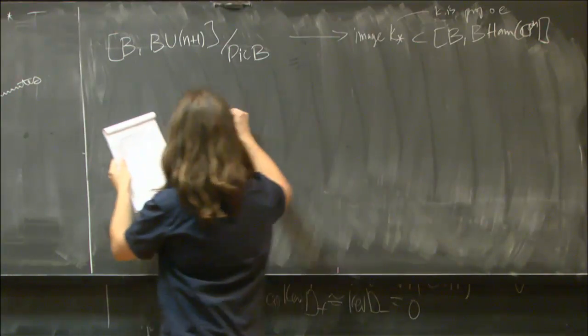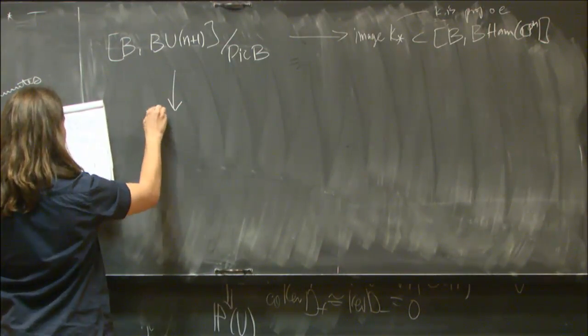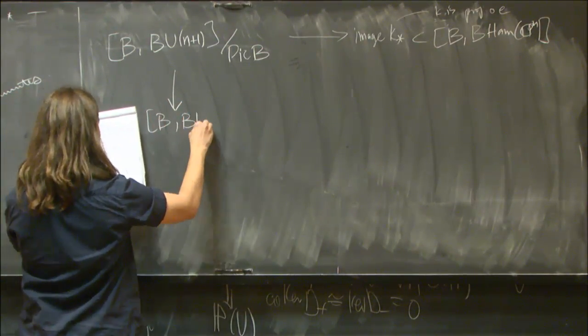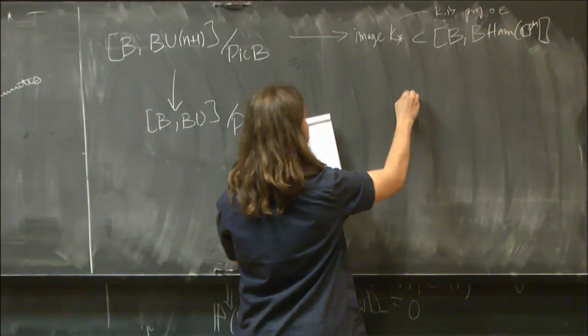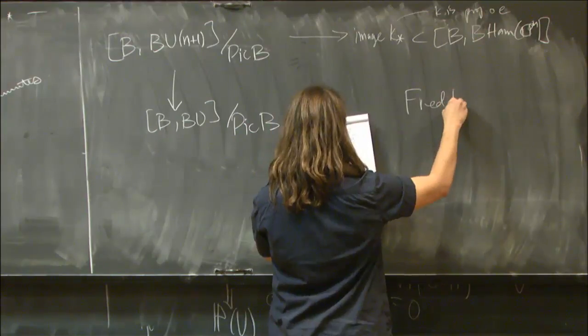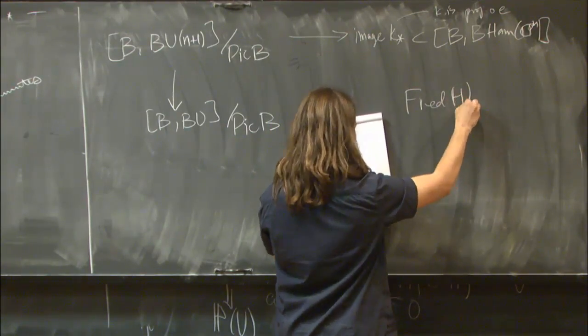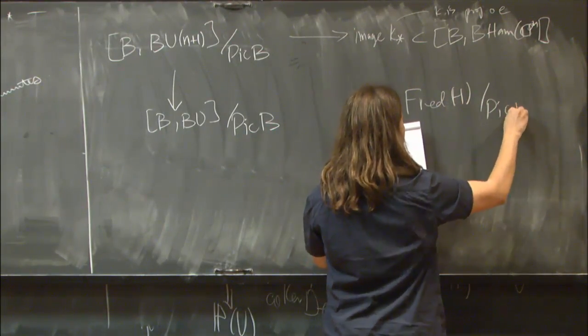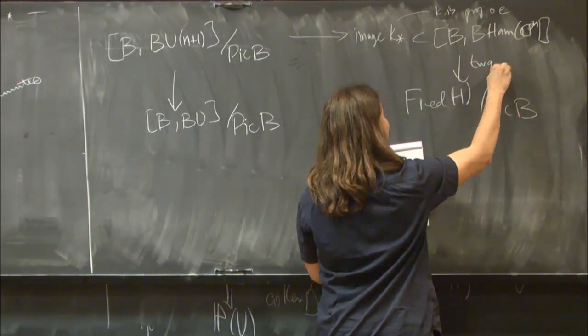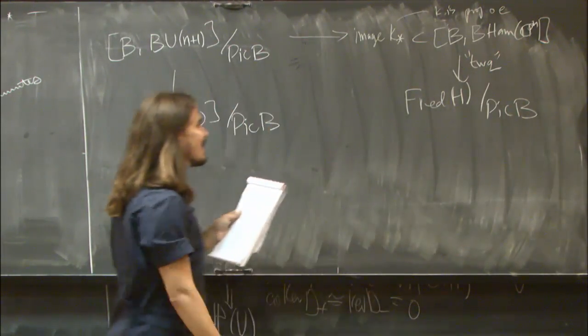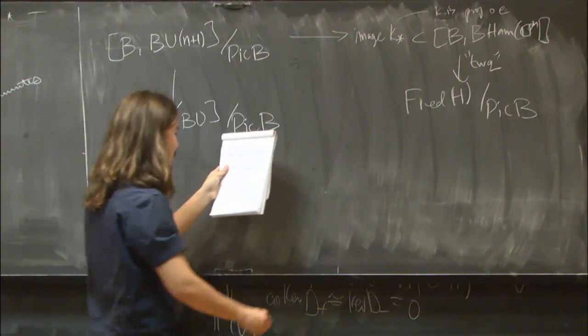And right, so this is somehow a twisted quantization map.